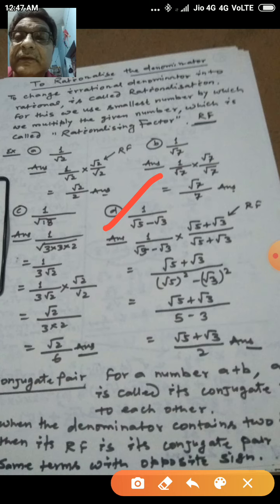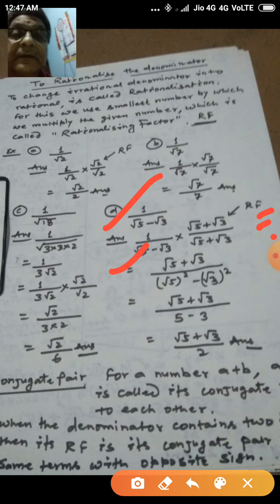That is called a conjugate pair. As here, since the denominator is root 5 minus root 3, we have used RF as root 5 plus root 3, the same terms with opposite sign, because they are a conjugate pair of each other.